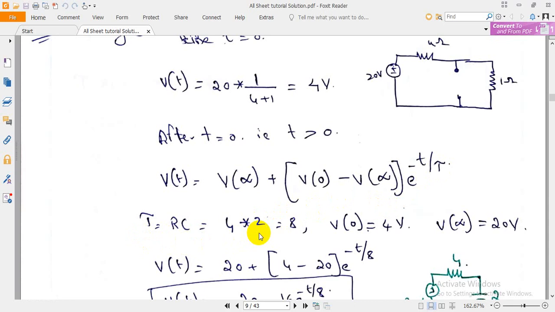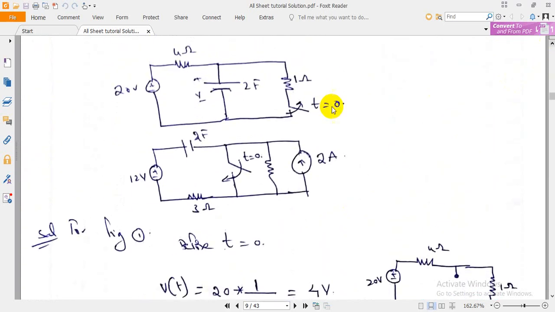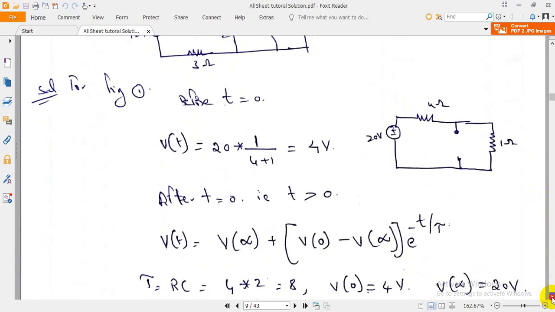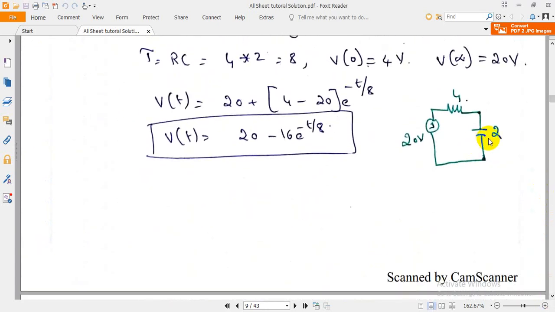When the switch is closed, the source voltage will be short circuited, and 4 and 1 will be in parallel. So you will get it like this.